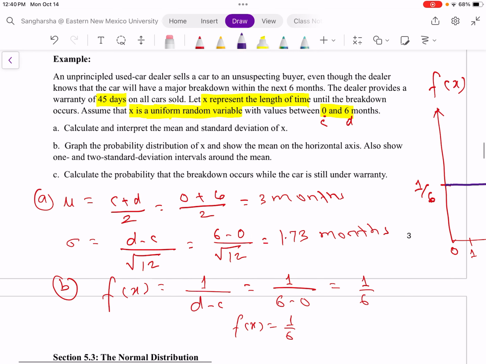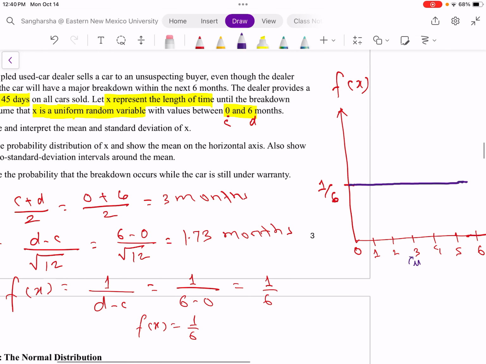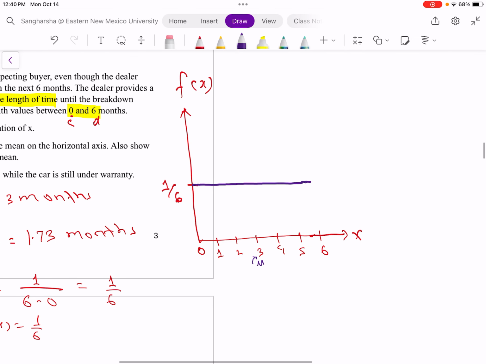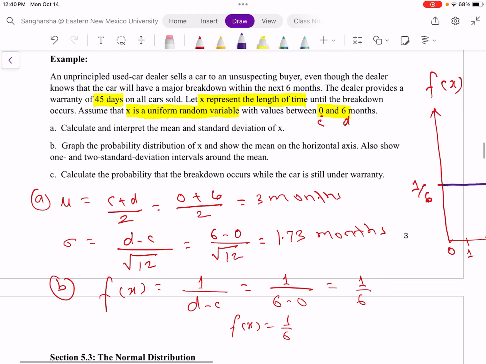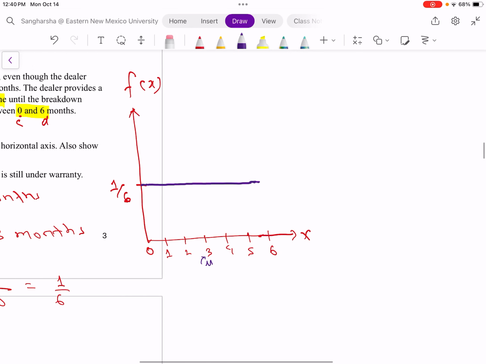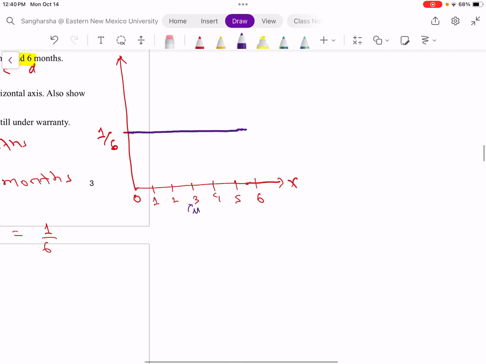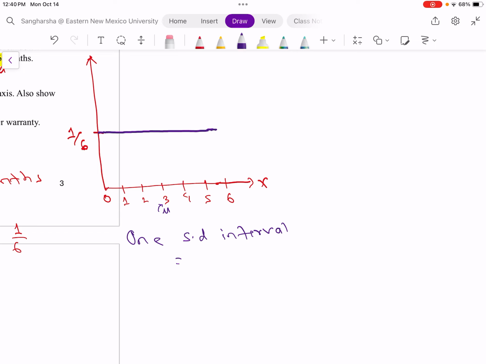What is the next question? Also, show 1 and 2 standard deviation intervals around the mean. Now, let's find the 1 standard deviation interval and the 2 standard deviation interval. How do we find the 1 standard deviation interval? You are subtracting 1 standard deviation from the mean and adding it, right?